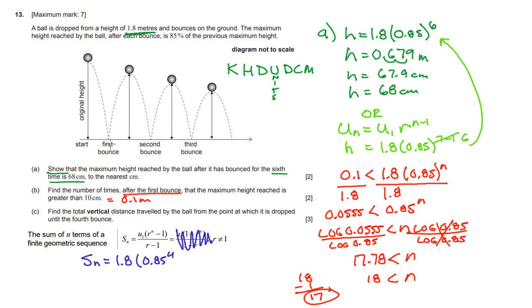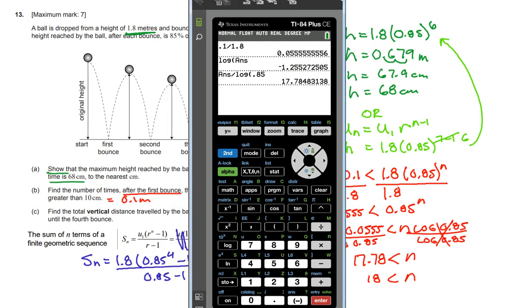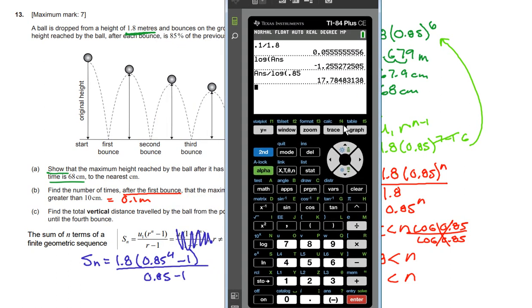So there's 1, 2, 3, 4. So we're getting all the way out to there. Fourth minus 1. And then that whole thing is all over our rate, 0.85 minus 1.